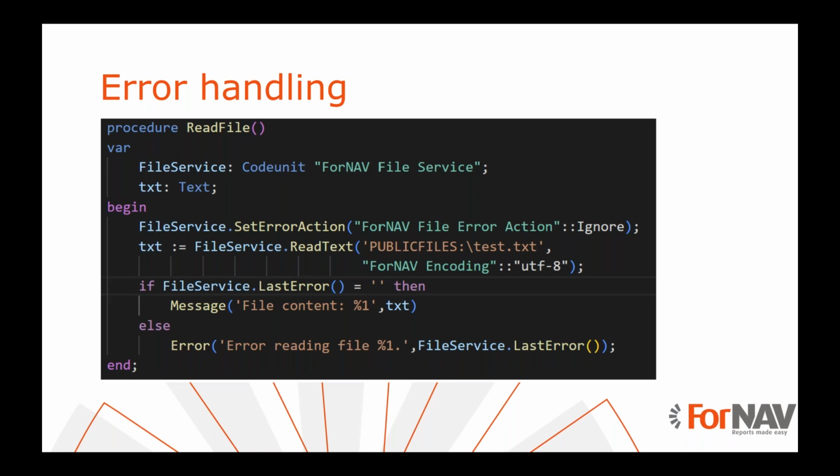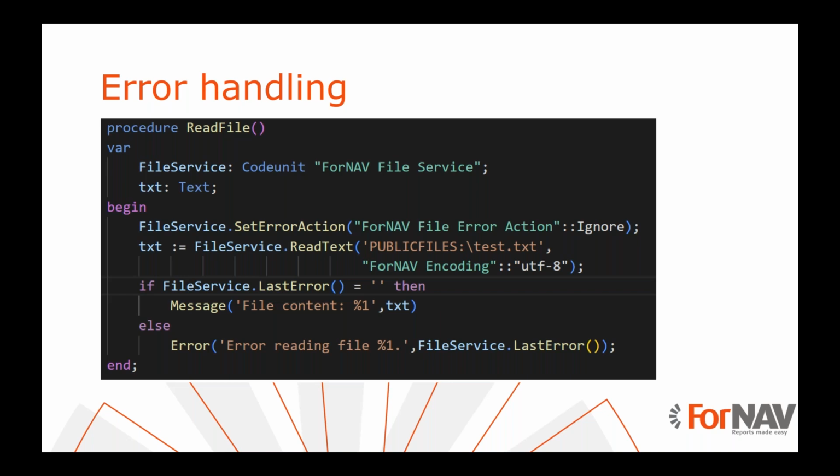On top of that, what's also been annoying all the time with the basic file handling in BC and NAV is that the error handling was really poor. And just like Codeunit.Run, where you have the option of getting the error or letting BC and NAV throw the error to have the user see it, you also have this capability in here, so you can select an error action for the next command, and you can set that to show or ignore.